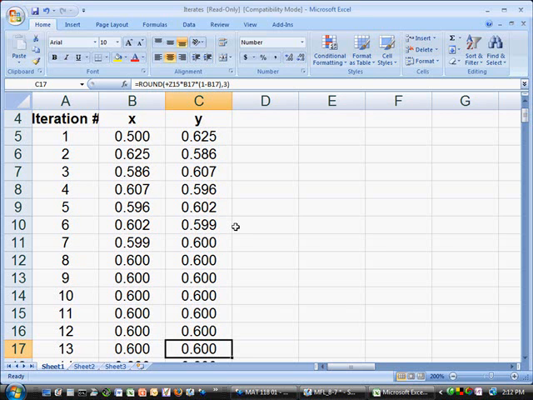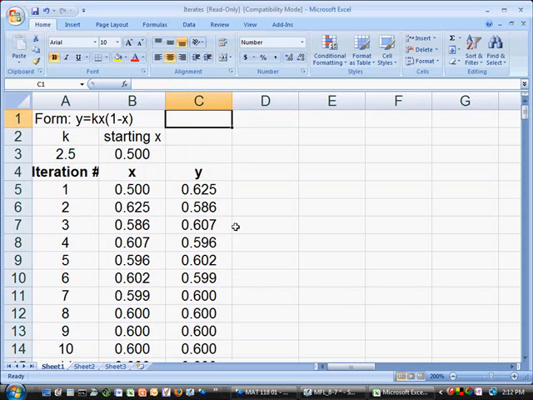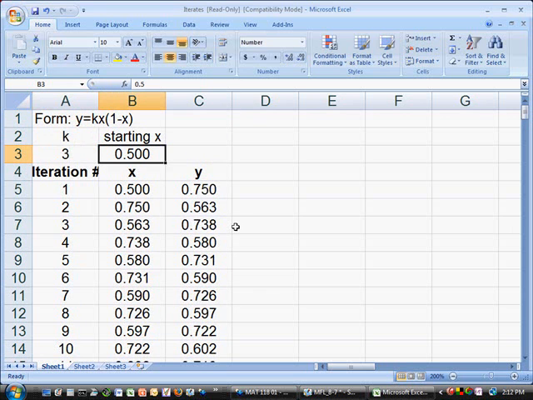Sometimes you can have multiple attractors. Let me show you another example. In fact, should we take another one from the book? Okay, this time let's make k 3. And let's have our starting value be 0.2.